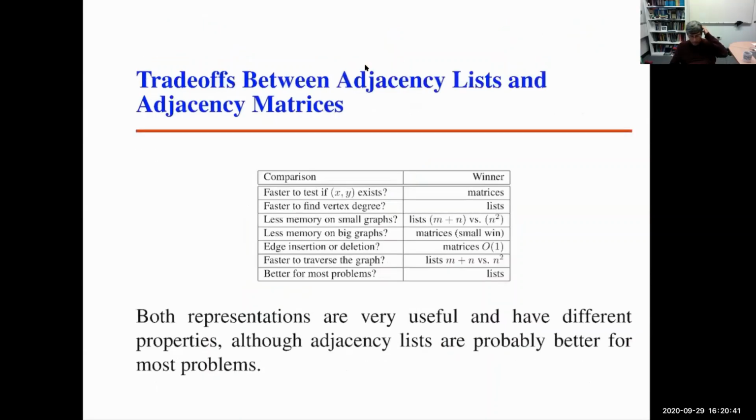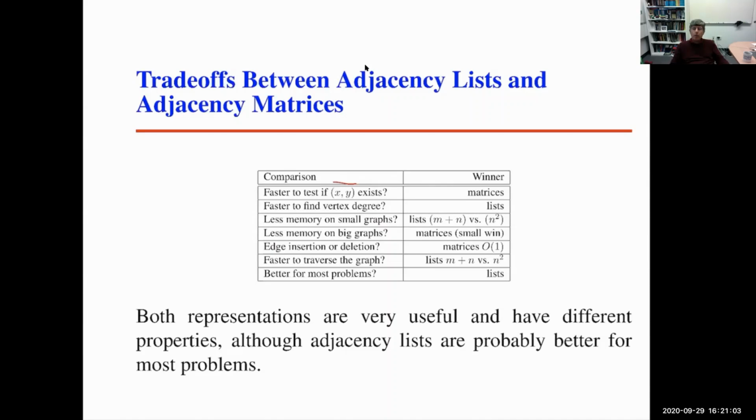Bingo. So what is the difference between adjacency lists and adjacency matrices? Well, which is better? Suppose I want to test whether edge ij exists in the graph. Suppose I want to know, is Rohit a friend of Brian?